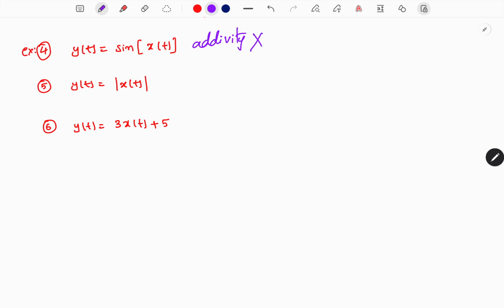Same, the homogeneity condition also doesn't follow. So this system is nonlinear. Nonlinear system.